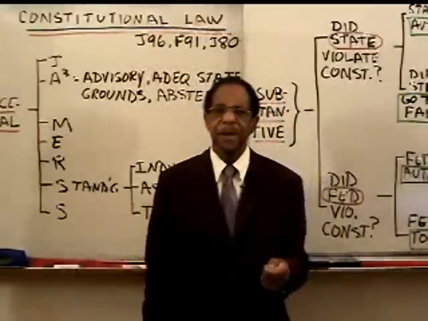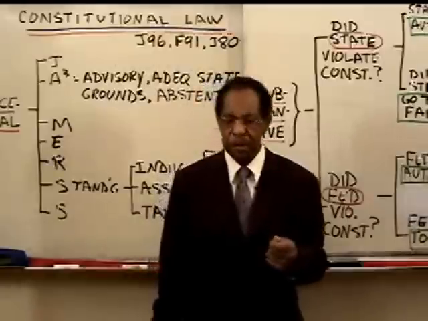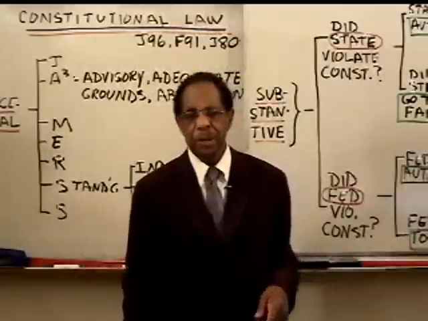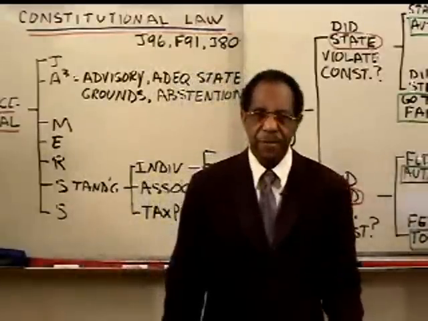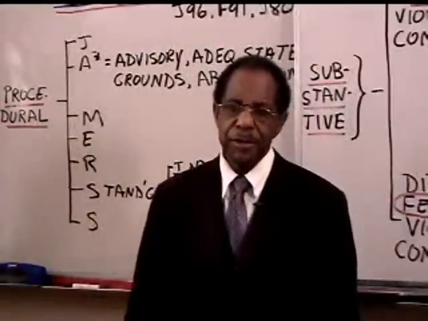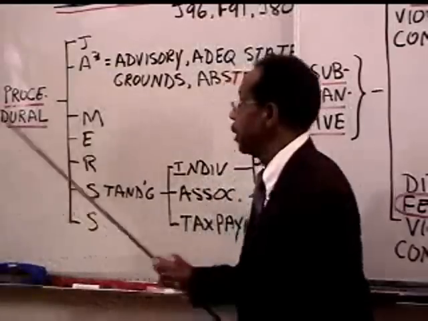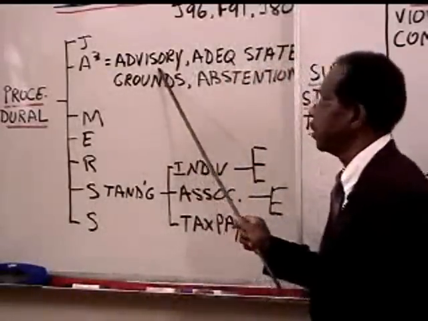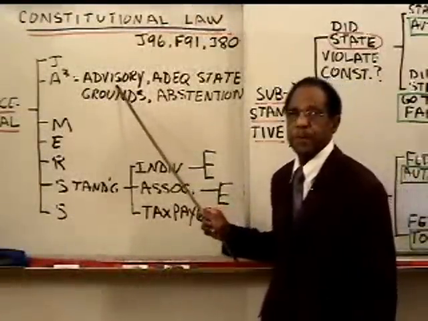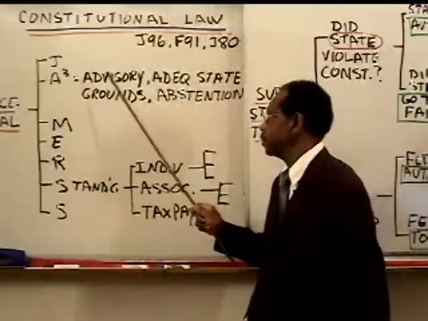The enumerated powers. So Article 1 gives the enumerated powers of the legislative. Article 2, the enumerated powers of the executive branch of government. And Article 3, the powers of the judicial branch. And if you look at Article 3, powers of the judicial branch, it does not give the judicial branch the authority to give advisory opinions, but rather gives the authority to resolve cases and controversies.